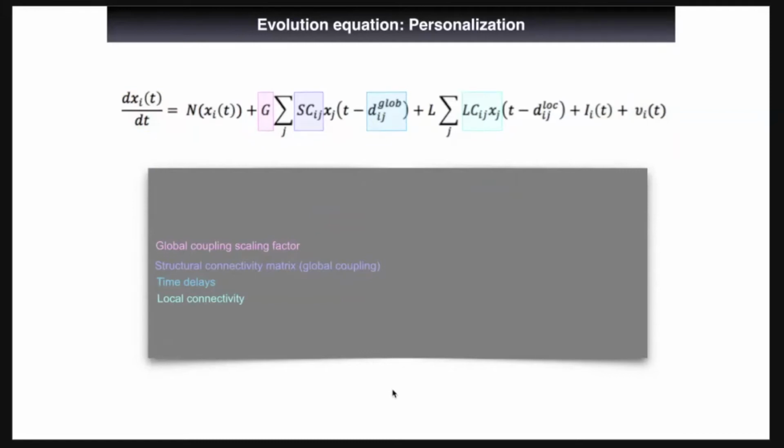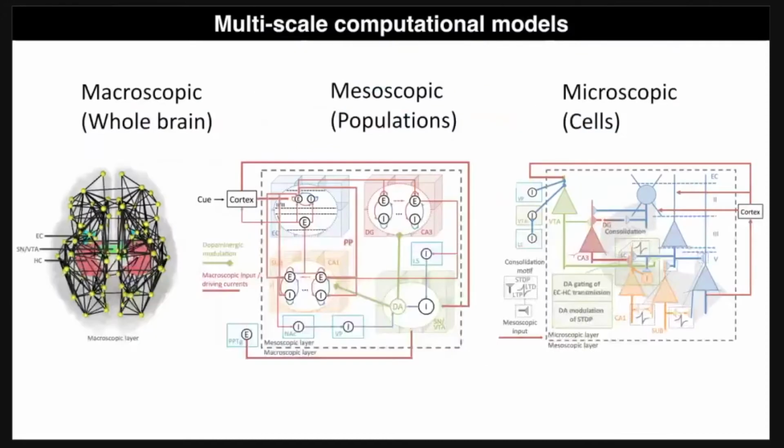We can also use individual local connectivity, taking into account the surface geometry of the cortex. And we have the scaling factor G that is determined based on the individual functional data. So these are all more personal, individual. This was the classical approach.